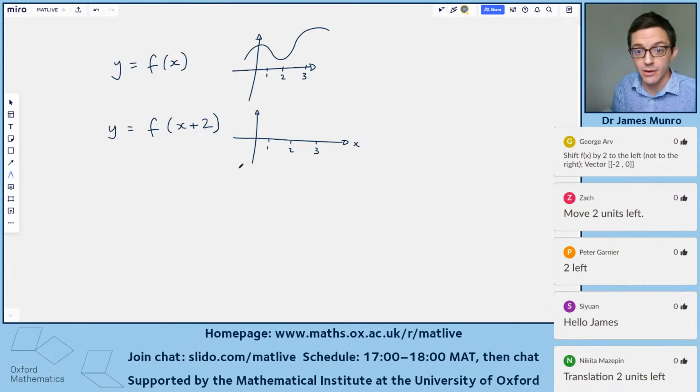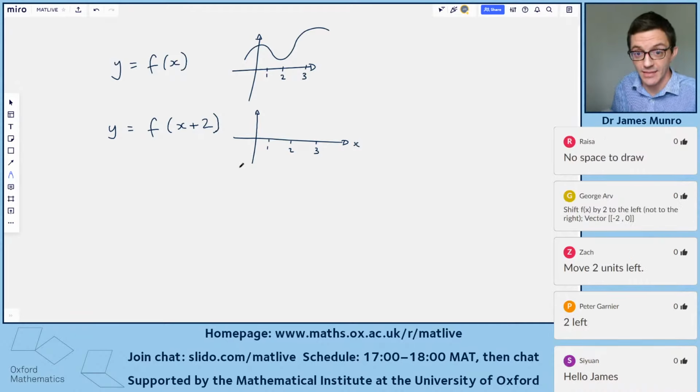Here's one way that I use to get this right, which is to imagine, like we always do with curve sketching, what happens when x equals 0. So when x equals 0, this new curve will give me f of 2.